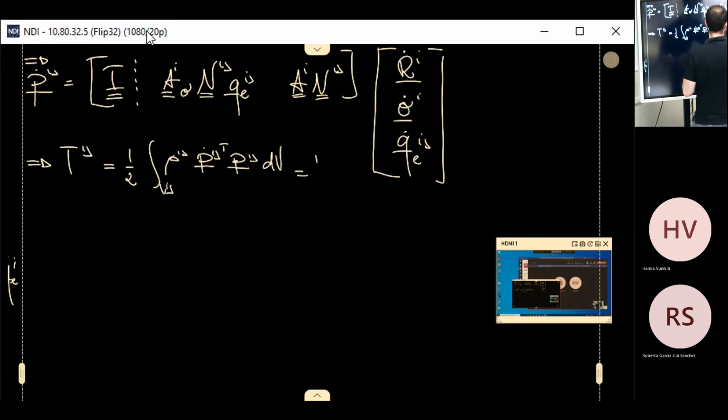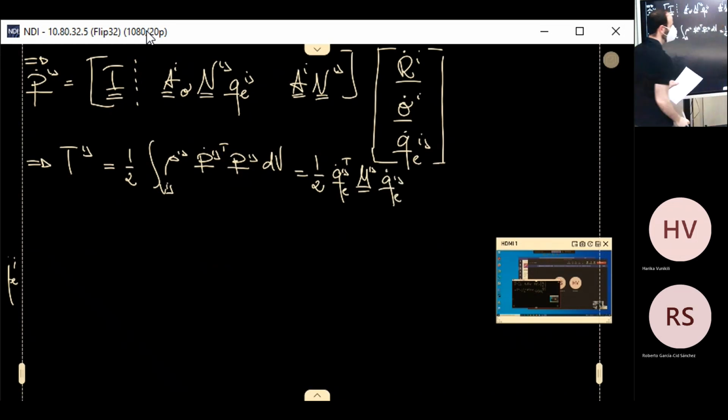And again, this is 1 over 2 of what? Of q e dot ij transpose applied over m ij applied over q e ij dot, where m is the typical mass matrix that we know.